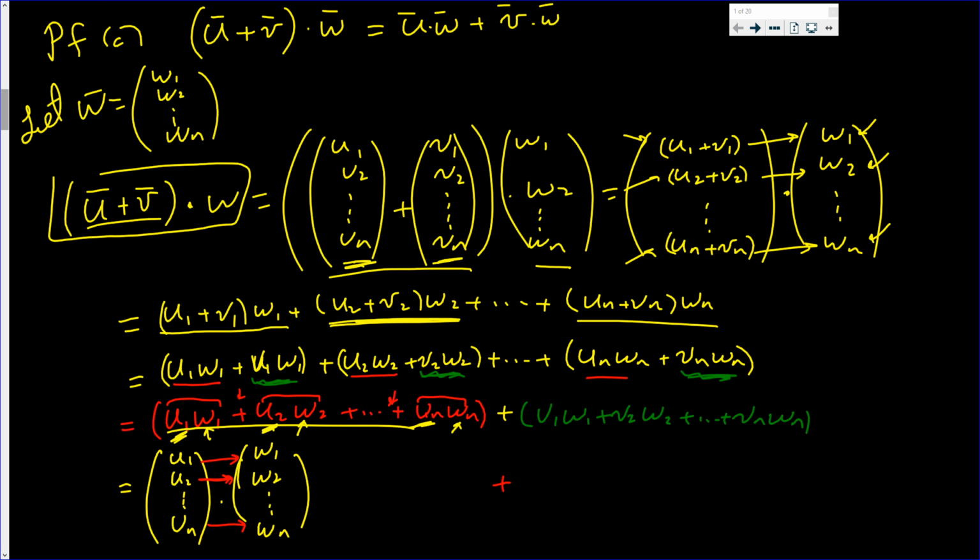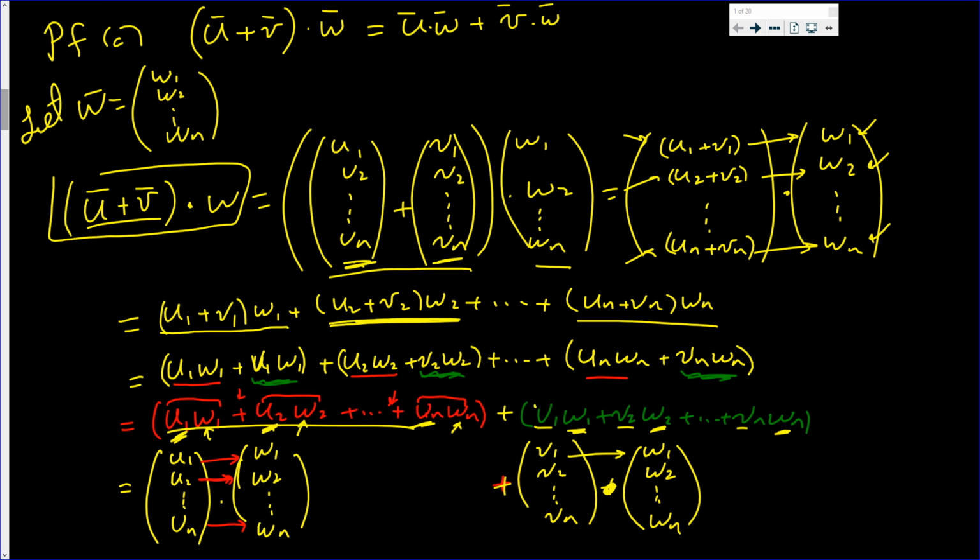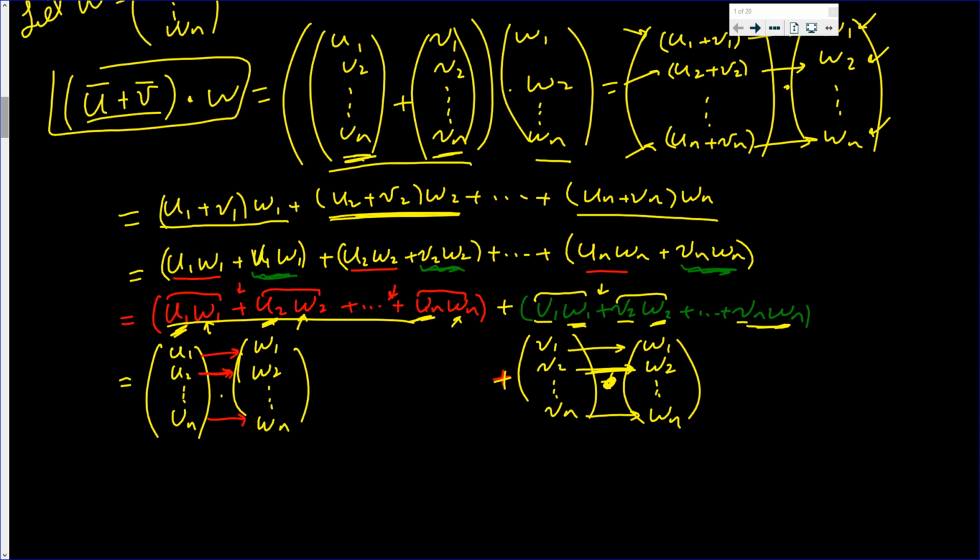Plus, I'll use the first components again: v1, v2, down to vn, dotted with the second, w1, w2, up to wn. And that's just what the dot product is. Multiply these two, of course you get that. Plus, multiply these two, get that one. Plus, eventually, plus, you get that. And this is where we are done.